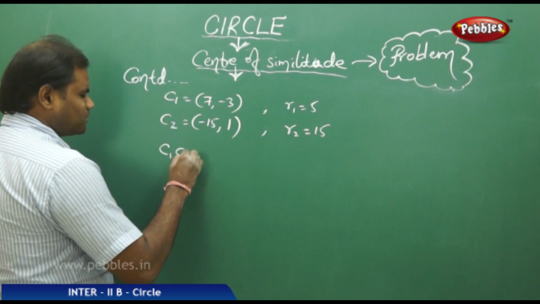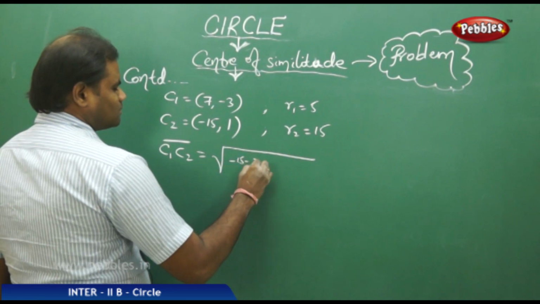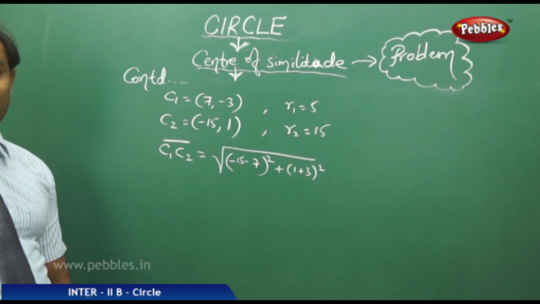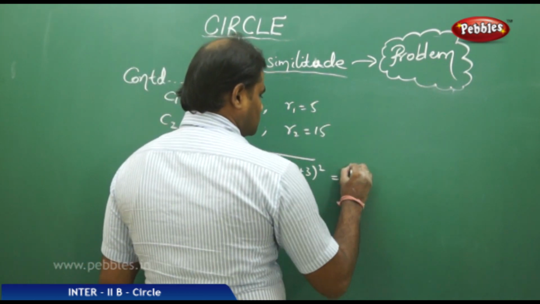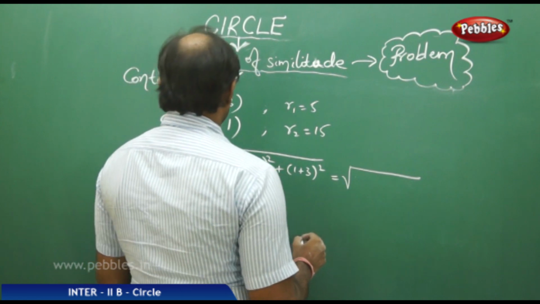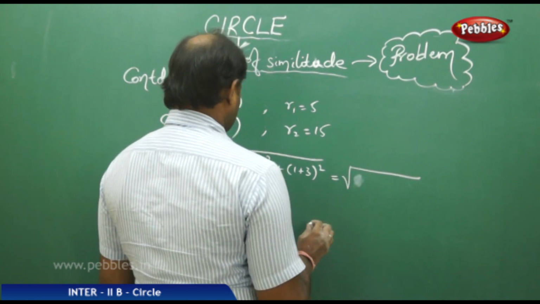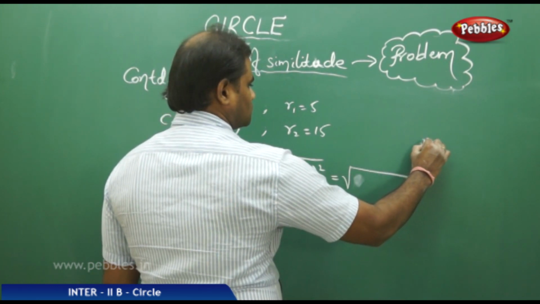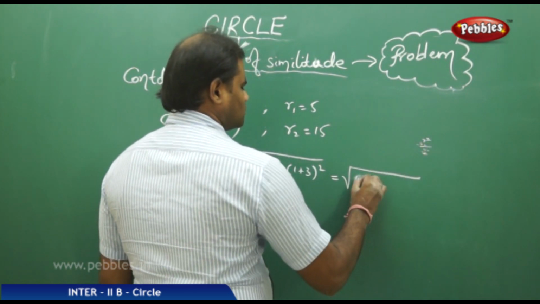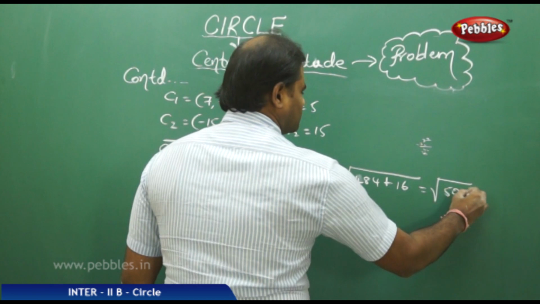If I want to find the distance between two centers, then I use the distance formula, root of (x2 minus x1) whole square plus (y2 minus y1) whole square, which is root of 484 plus 16, which is root 500.